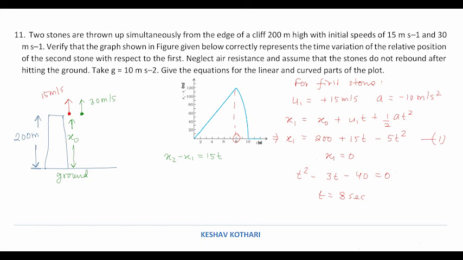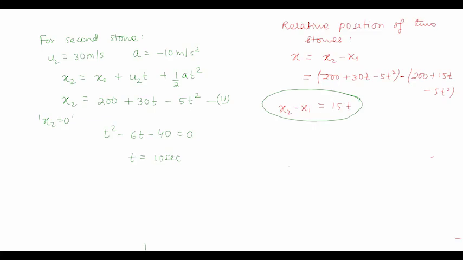Now the problem is, at t equals 8 seconds, only the second stone will be in motion, because after striking the ground, the first stone will come to rest. The quadratic equation which we obtained for the second stone, that is 200 plus 30t minus 5t square, will only be evident after the first stone strikes.